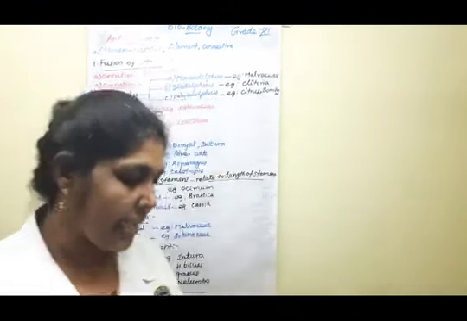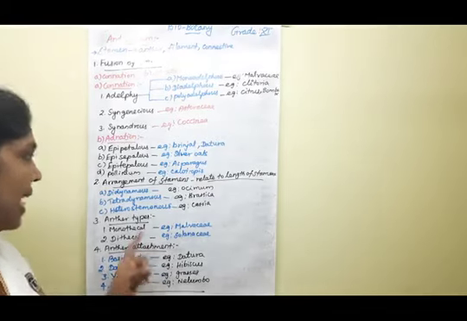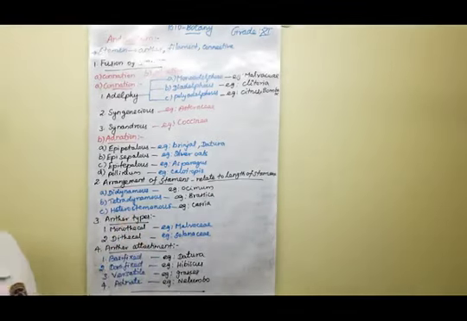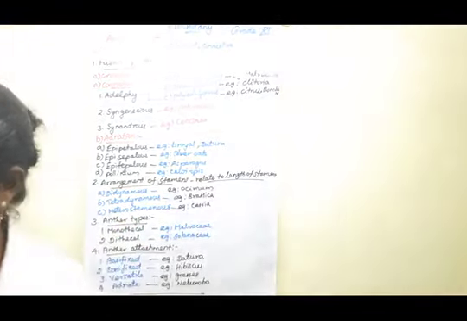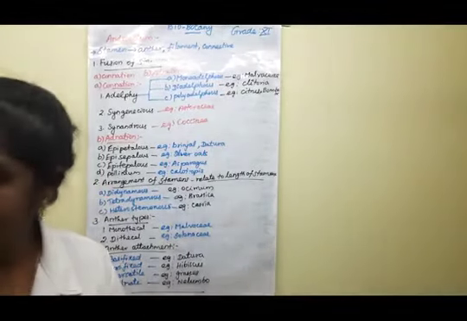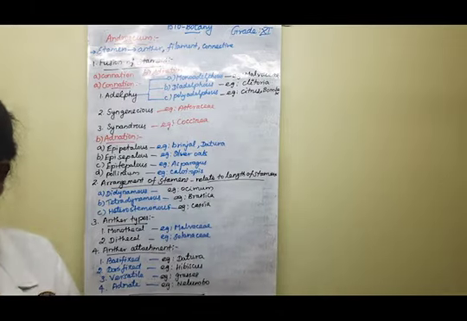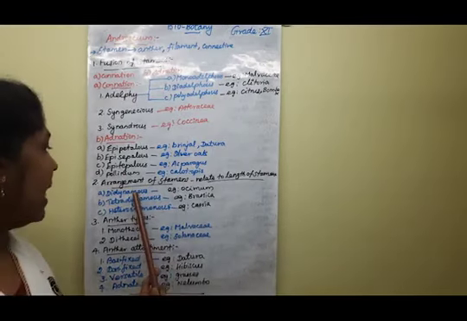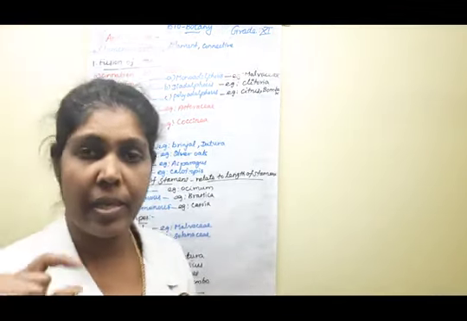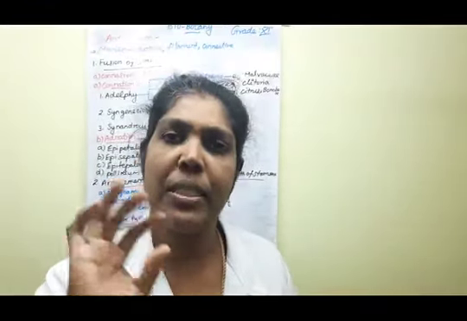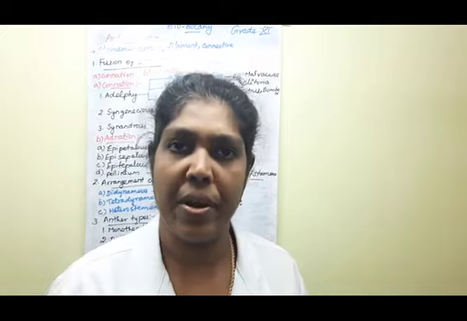Regarding that, all of you listen. Here they are representing the length of the stamens. First, didynamous. For example, imagine four stamens in your mind.